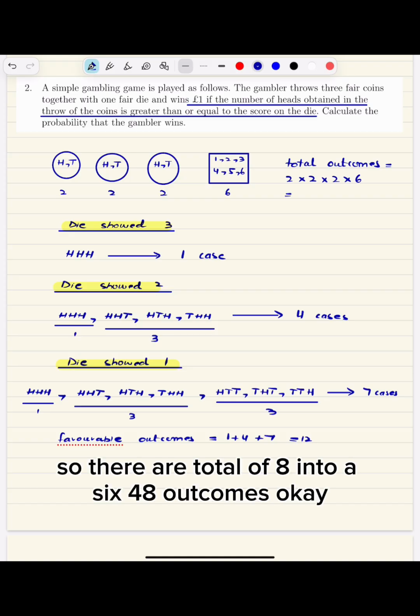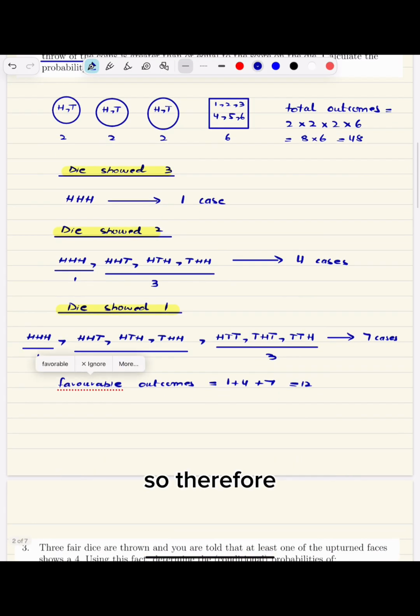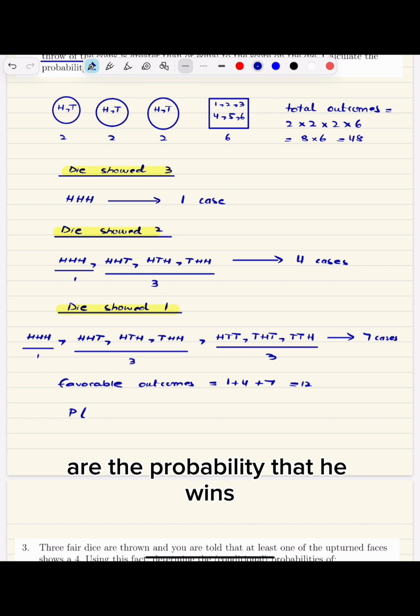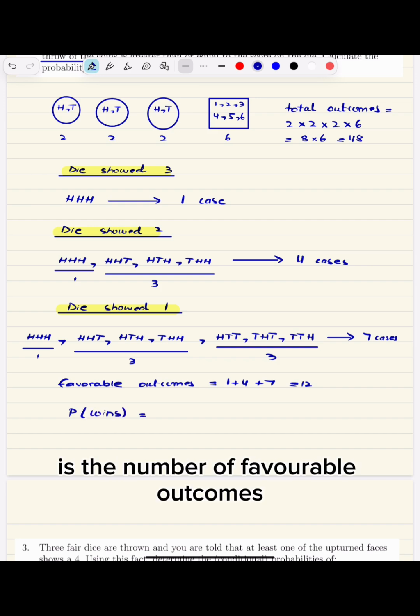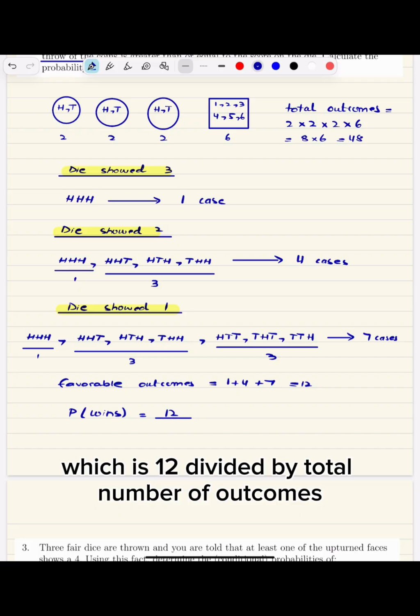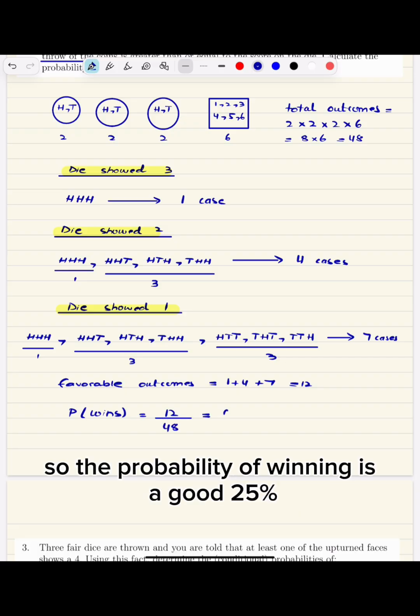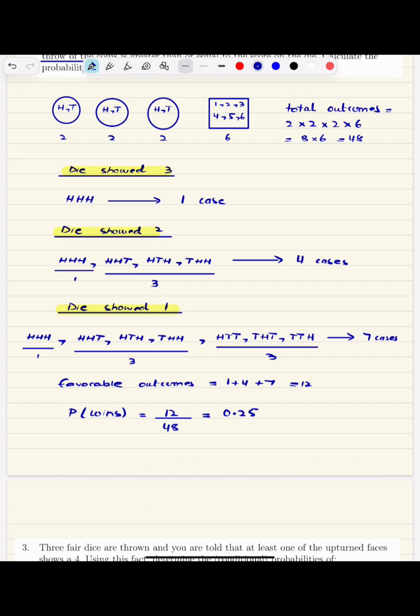So there are a total of 8 times 6, 48 outcomes. Therefore the probability that he wins is the number of favorable outcomes, which is 12, divided by the total number of outcomes, which was 48. So the probability of winning is a good 25%.